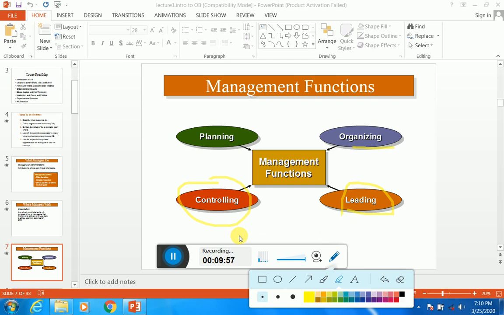In simple words, managers watch what is happening and what we planned. If there is a change between the plan and the actual performance, then the managers take corrective action. This process of controlling, this process of supervision, is simply known as the controlling process.